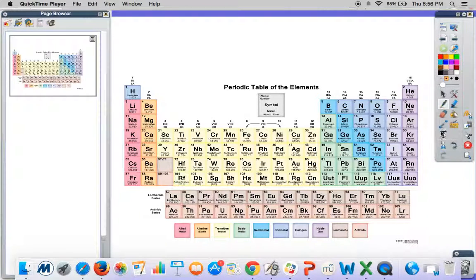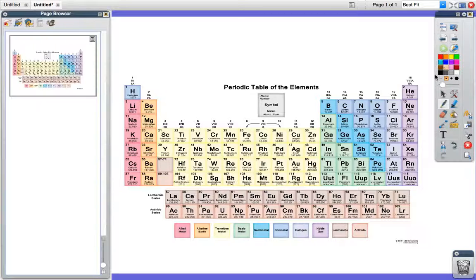Now, one thing you have to understand about electron configuration is that everything in the periodic table is separated into blocks. Alright?